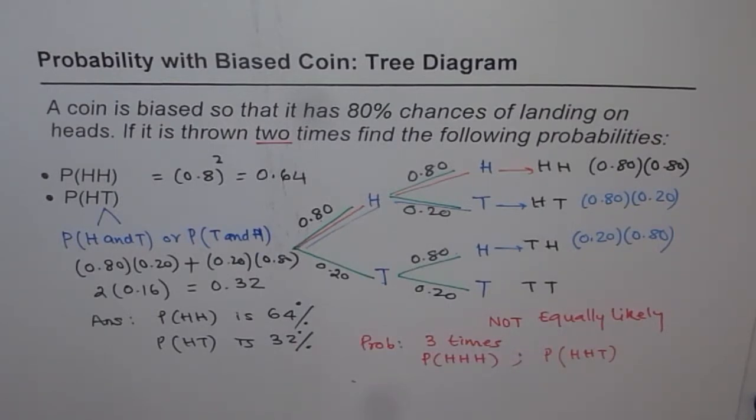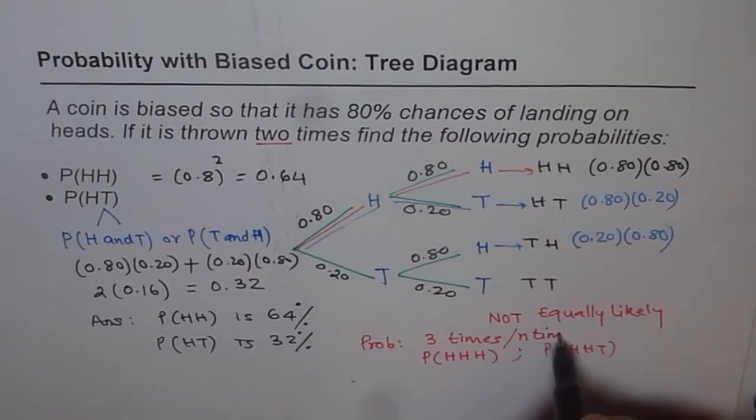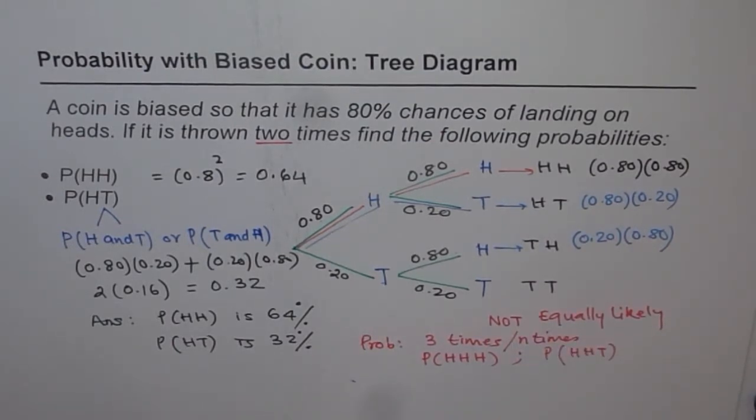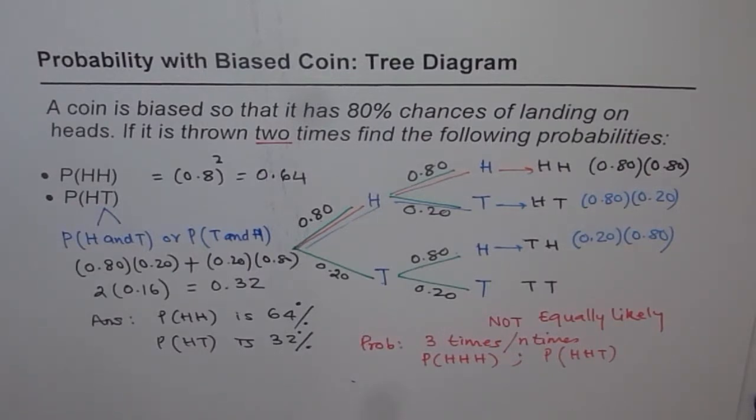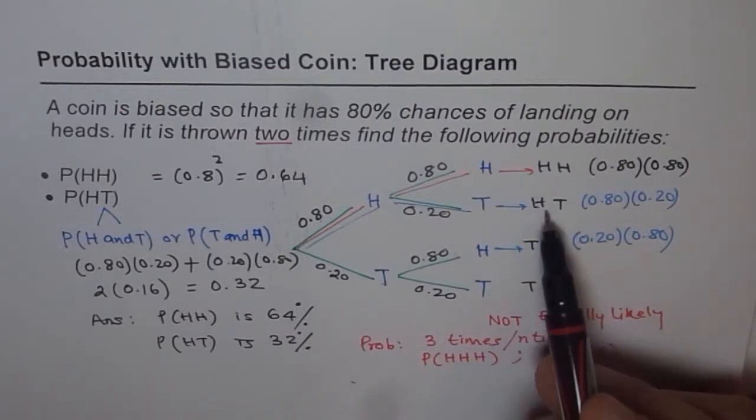You can think in those terms also, and those of you who are interested can even go for n times, right? And come out with some answer. That should be interesting. I hope you enjoy, and more important, understand the probability of cases when we are not dealing with equally likely outcomes, right? Then you just can't use favorable outcomes divided by total number of outcomes.